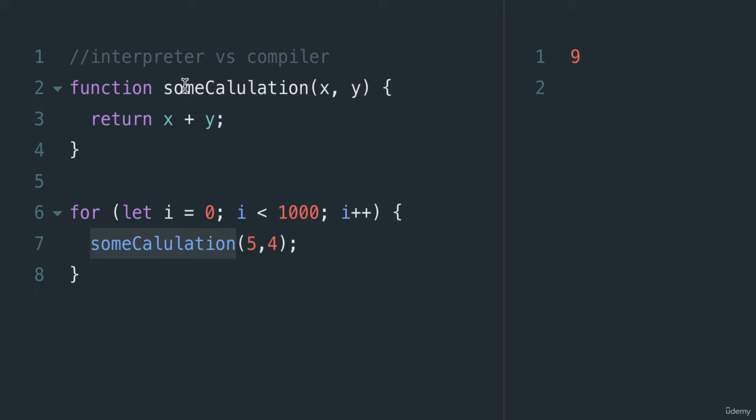It's going to go and see, all right, that's what the function is. I'm going to run 5 plus 4. And then I'm looping again. So I'm going to go once again, run some calculation 5 plus 4, some calculation 5 plus 4, and it keeps running. And this is how you might think code should be run, right?